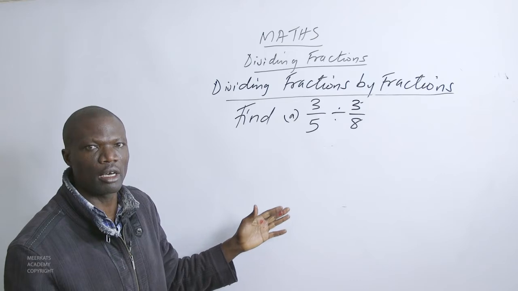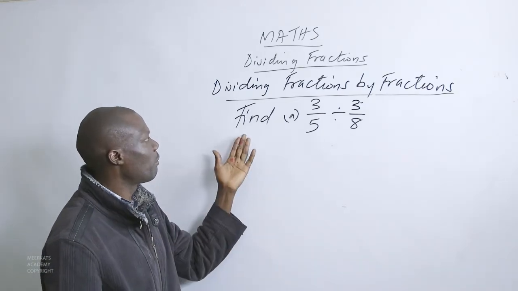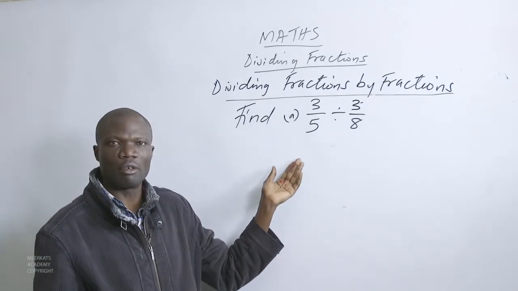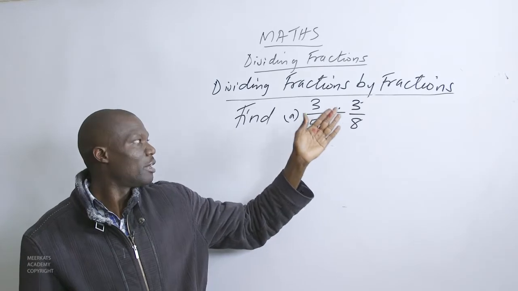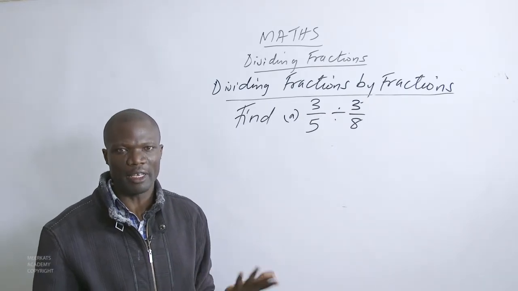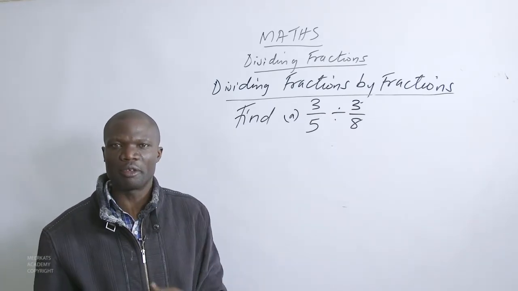Here we have two fractions. Find 3 over 5 divided by 5 over 8. The two of them are both fractions.